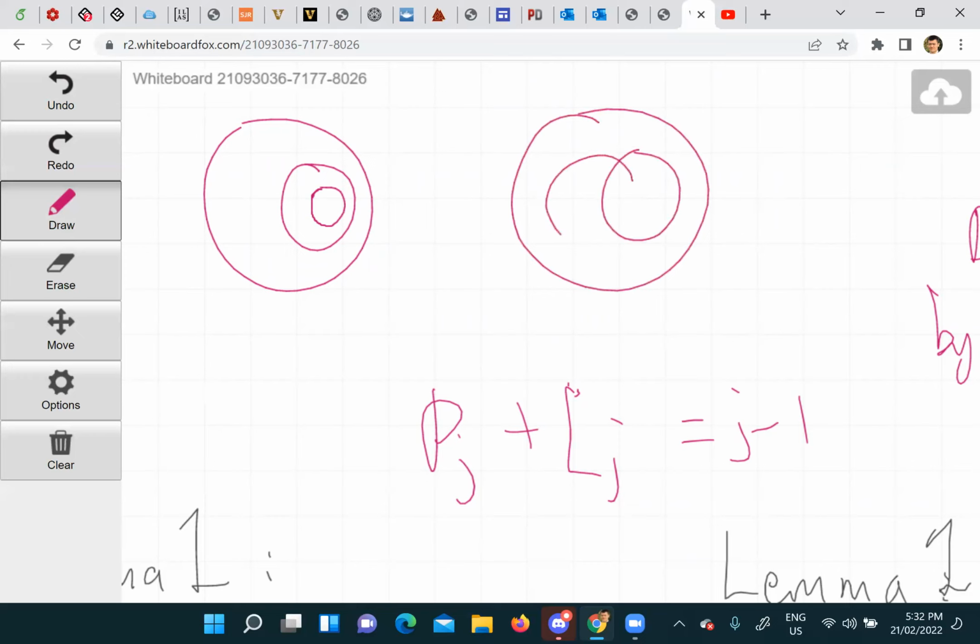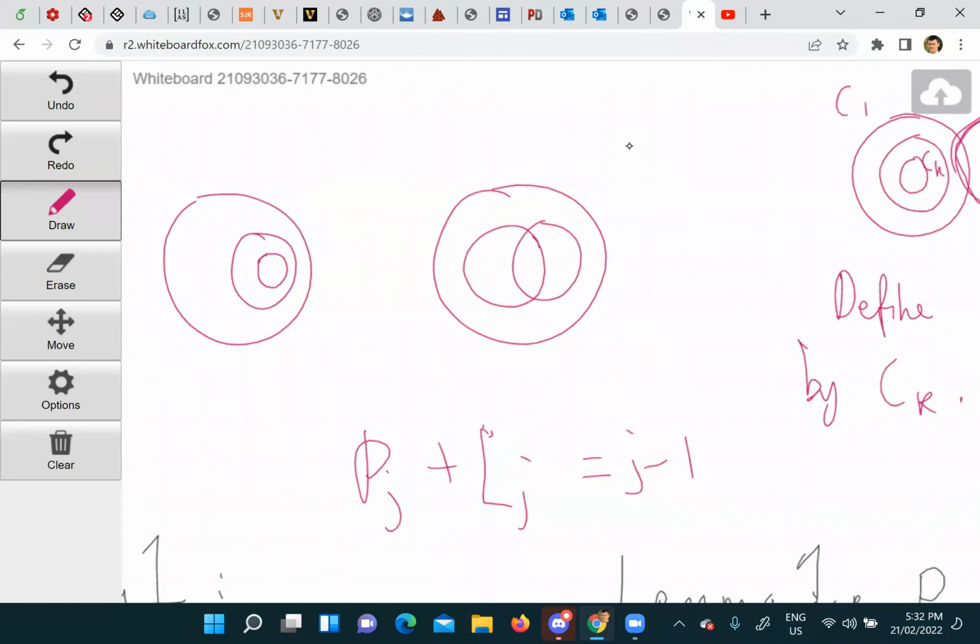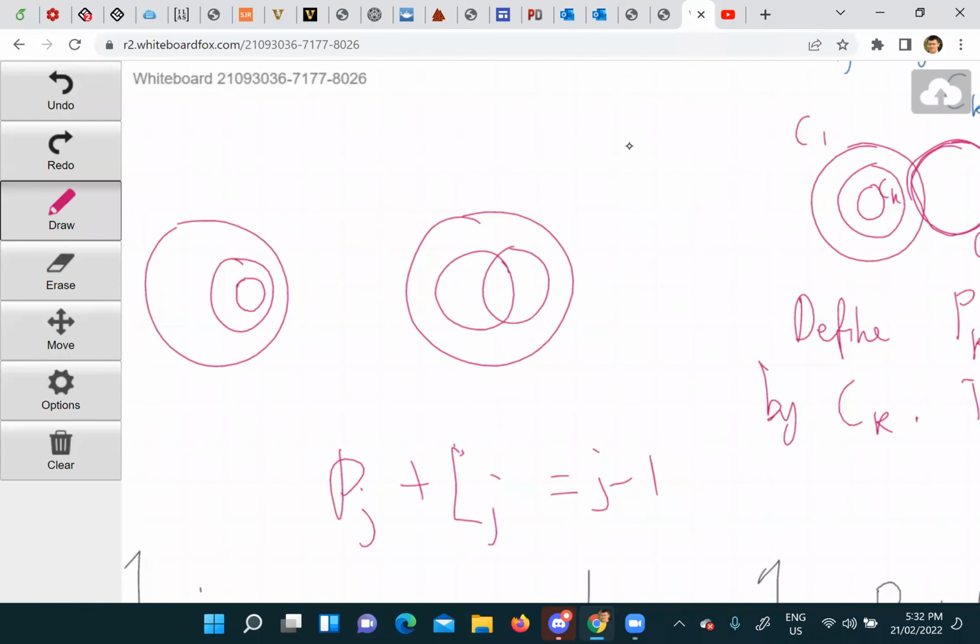Inside, and then it could just come out like that, right? Then the point loss is 1, and the level is 1. We could have the middle case.